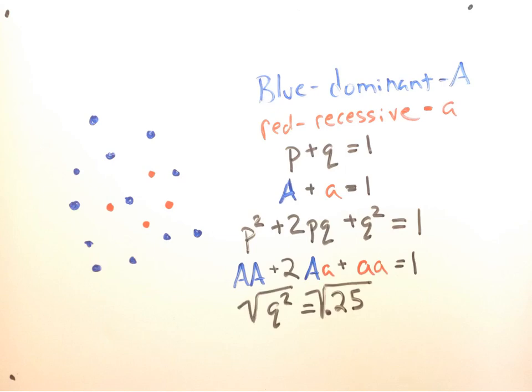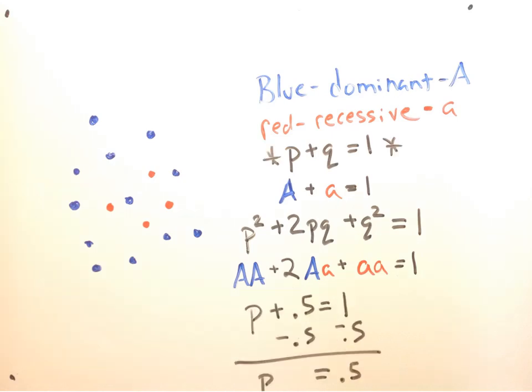The first thing we need to do is get Q by itself, so we're going to take the square root of both sides of the equation. When we do that, we get that Q equals 0.5. Now be careful with this. When you take the square root of 0.25, it's not 0.05, it's 0.5.